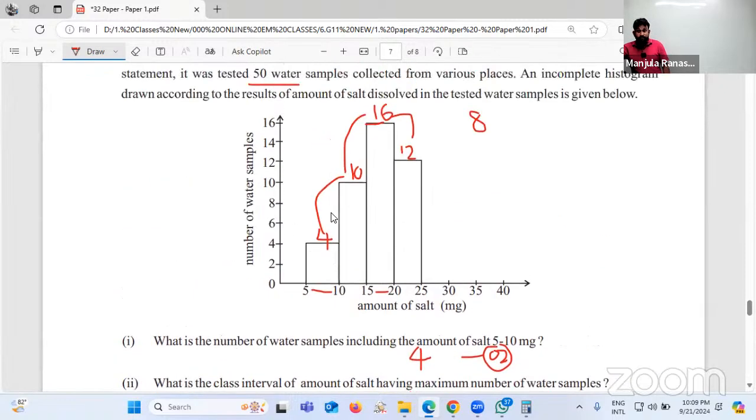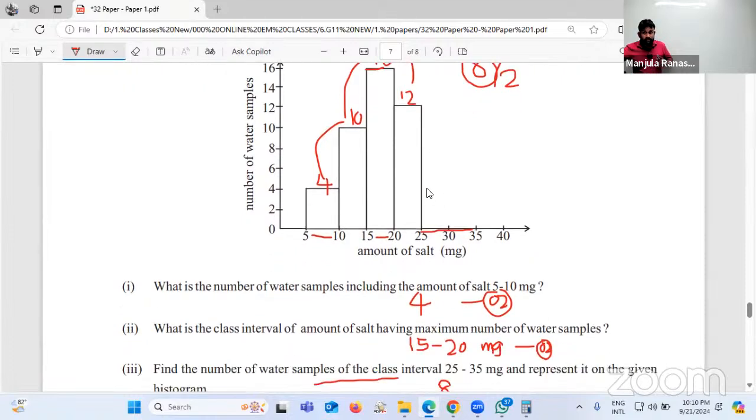But do it carefully. The class size is twice the normal class size. If the class size is twice, you cannot draw this 8 as the height. Remember that 8 is to be divided by 2. The reason: the width is twice, so the frequency is divided by 2, and the height is taken as 4. 8 divided by 2 is 4.